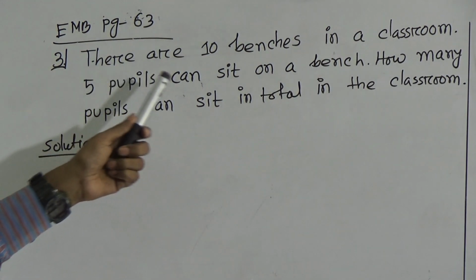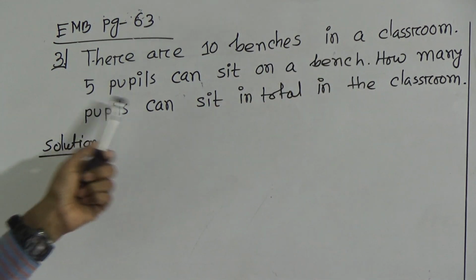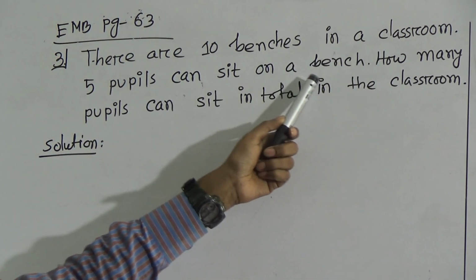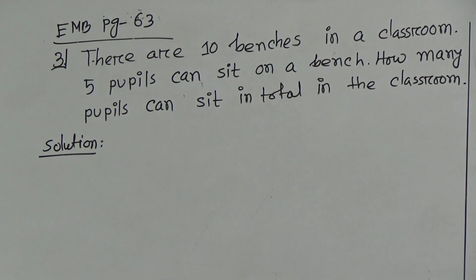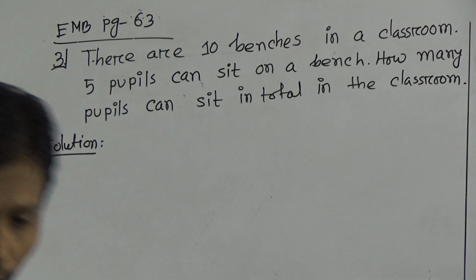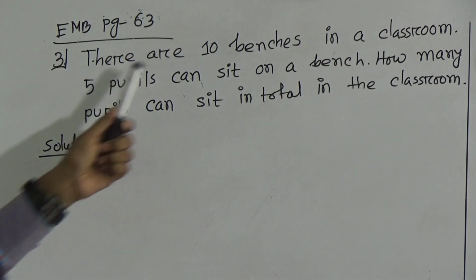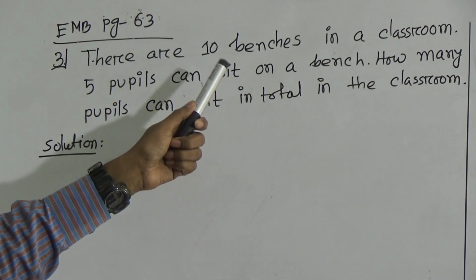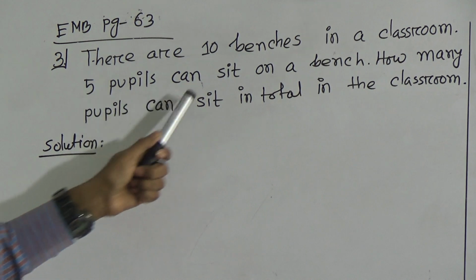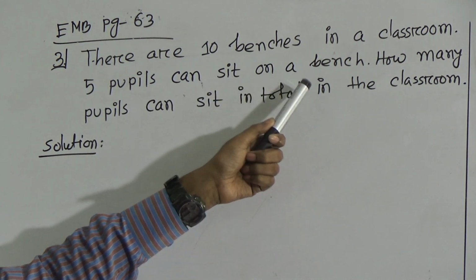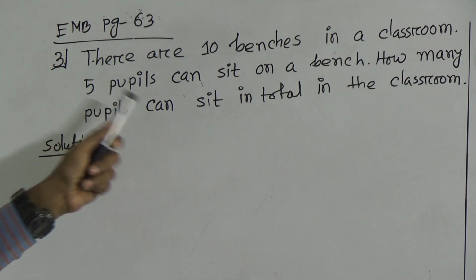Look, there are 10 benches in a classroom. 5 pupils can sit on a bench. How many pupils can sit in total in the classroom? There are 10 benches in the classroom. 5 pupils can sit on a bench, that means in one bench 5 pupils can sit.